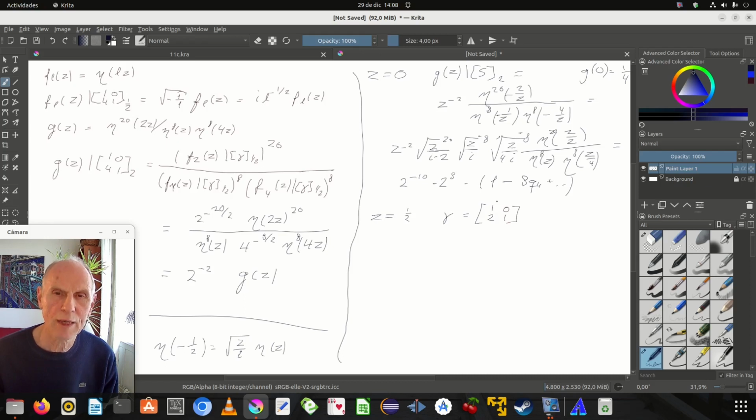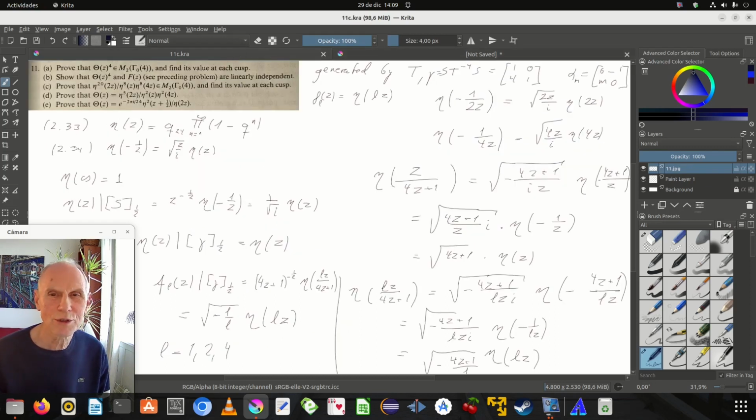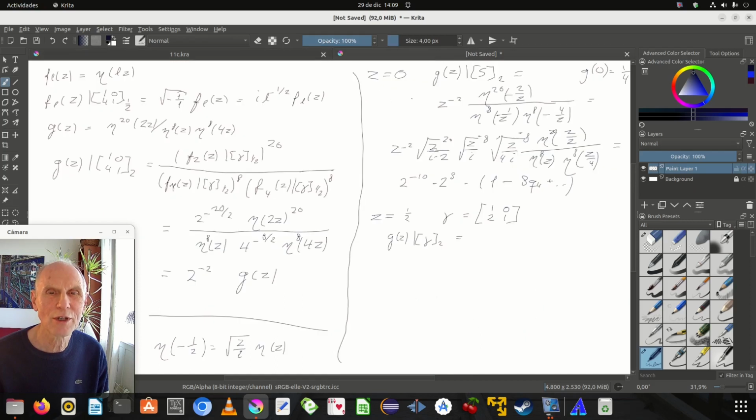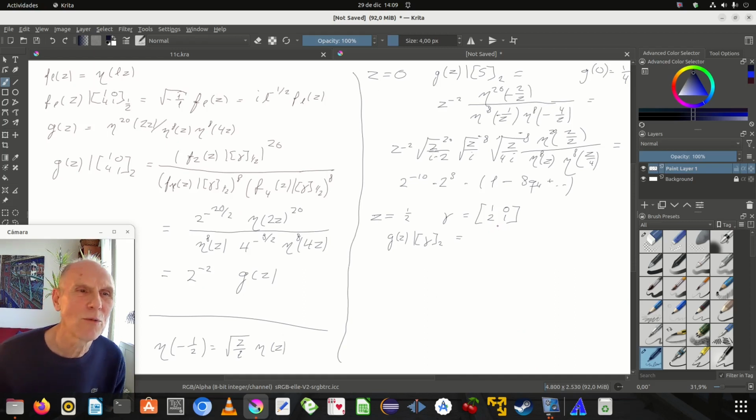So this guy maps infinity to 1/2. I wasn't doing it in such generality. No, I was not. And the force Z, we have the same problem with force Z, which we had in problem 11a.